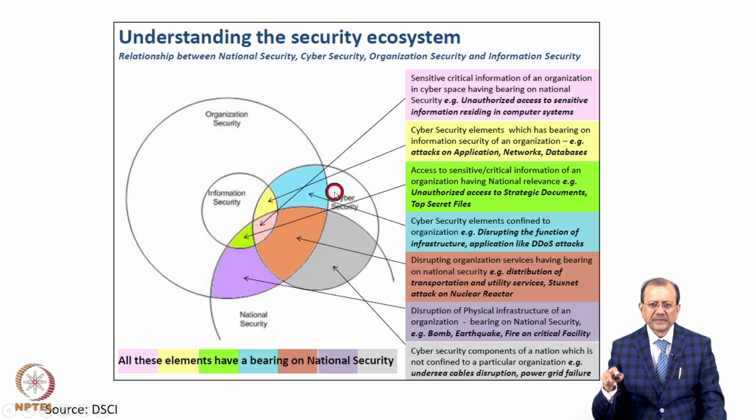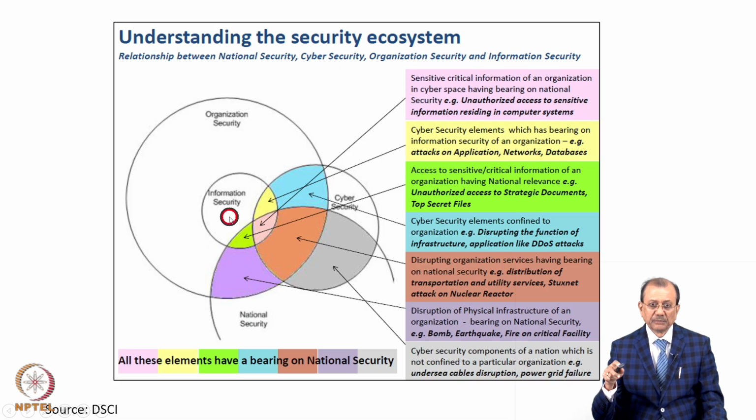We have dealt with what information security is, what cyber security is, and how they are interconnected. How information security is a part of organization security, and how organization security is a part of national security. Like an organization such as BARC, RBI, or State Bank of India, their security is national security. Defense organization security is national security.